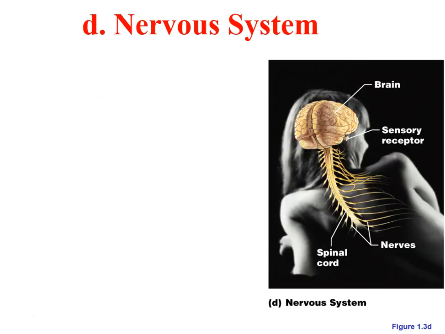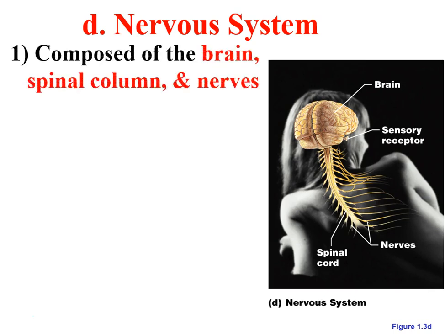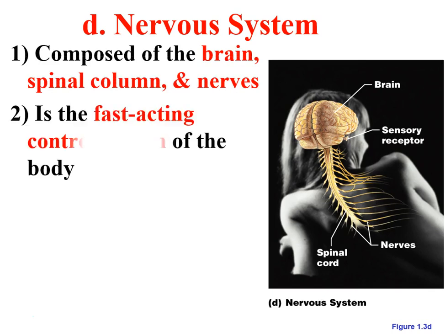Another system we'll be covering in A&P1 is the nervous system. And looking at the picture, you can see the nervous system is made of the brain and the nerves and the spinal cord and receptors all over the body. So, composed of the brain, the spinal cord, and nerves. The function of the nervous system is the fast-acting control system. It's very fast, nerve impulses, milliseconds from one side of the body to the next.